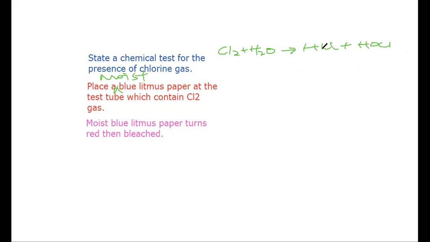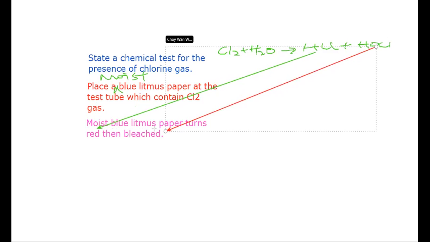This HCl is the hydrochloric acid. That is the one which give you the red. Okay. Now, the HOCl, the hypochlorous acid, is the one which has bleaching properties that makes it to bleach off.